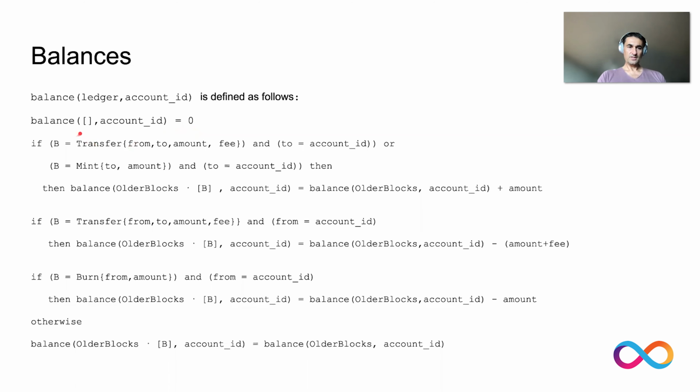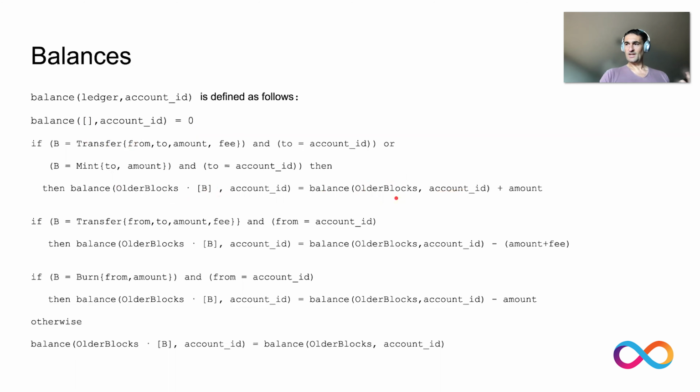Otherwise, the ledger is not empty. So the ledger looks like there's a bunch of older blocks, and then there's the last block. Then the balance of the account ID given this state of the ledger is whatever balance the account had after we have processed all of the blocks but the last one.